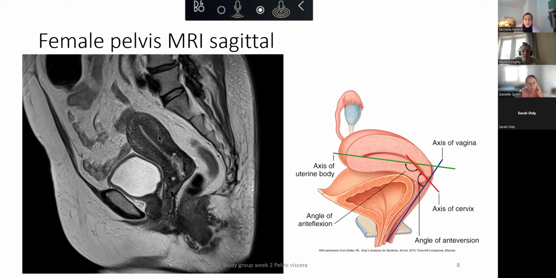This bit here is where we can see this stripe, which will be representing the endometrium, which lines the uterine cavity. This all represents the body of the uterus. And then above that, just this rounded semicircular muscly bit up the top, that's the fundus. Then from this point down is vagina.